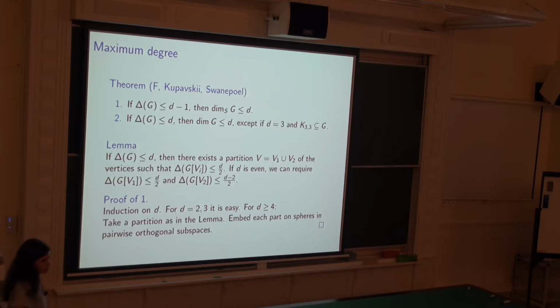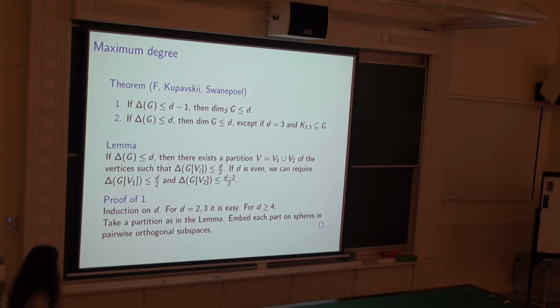And then we take the orthogonal complement of this subspace, and by the induction, we can embed the second part on the sphere of radius 1 over square root 2 in this orthogonal complement. And then we are done because the distance between any 2 points from the 2 spheres we used is 1.